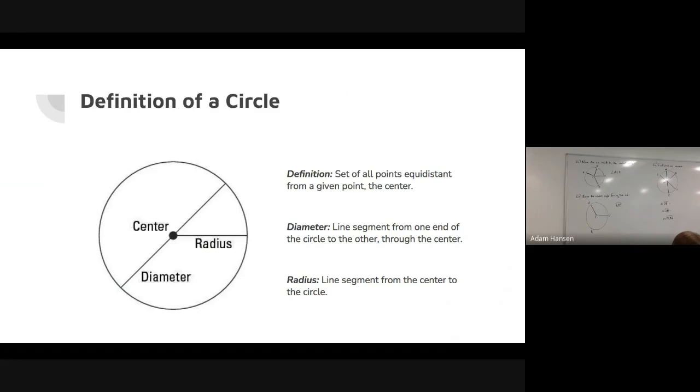How many radiuses make up a diameter? Two. There are two radiuses in every diameter, right? So the diameter is twice as long as the radius, or the radius is half the diameter.